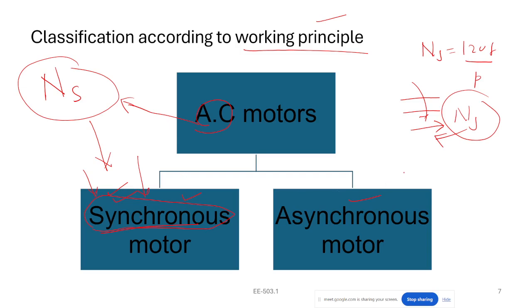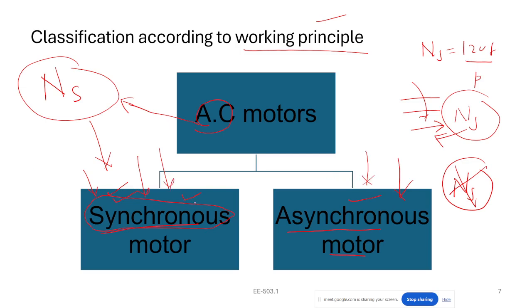Another classification is the asynchronous motor, meaning the motors which do not run at the synchronous speed. Those types of motors are called asynchronous motors. These are the two classifications, synchronous speed and asynchronous.